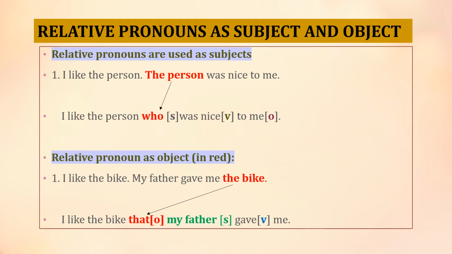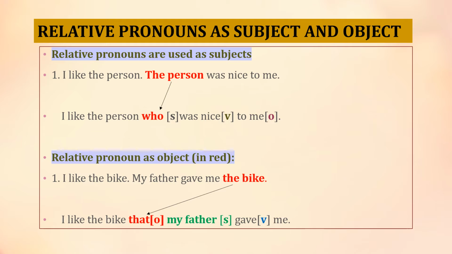Relative pronouns used as subjects and objects. Let us see how a relative pronoun is used as a subject. I like the person. It is an independent clause. The person was nice to me. It is a dependent clause. If we join these independent and dependent clauses with a relative pronoun, then it looks like: I like the person who was nice to me.